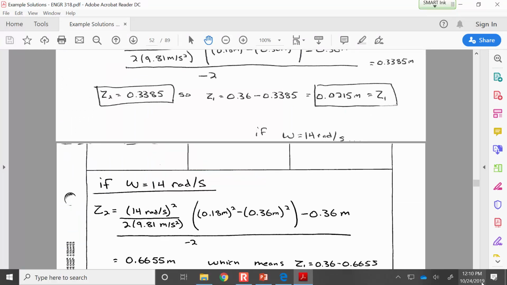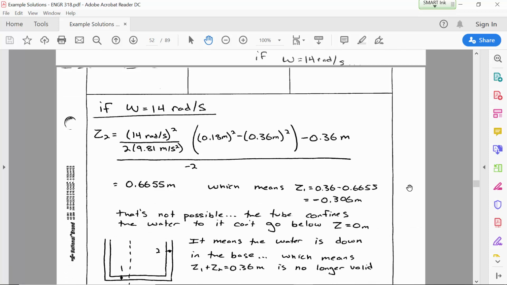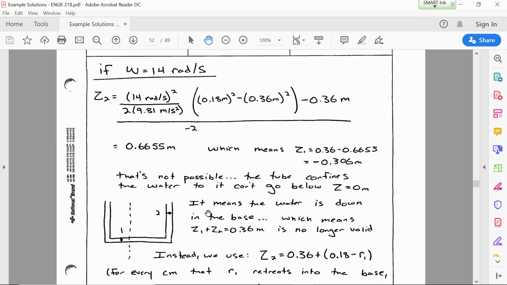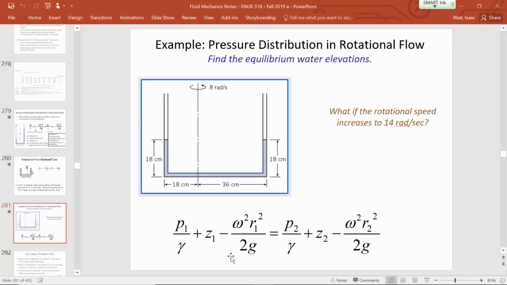Since we're short on time, I won't ask you to try and figure that out, although it's not a great mystery. What we will say is that the elevation over on the right side is going to be the 0.36. So when all of this water is over on the right, that means it's 0.36.